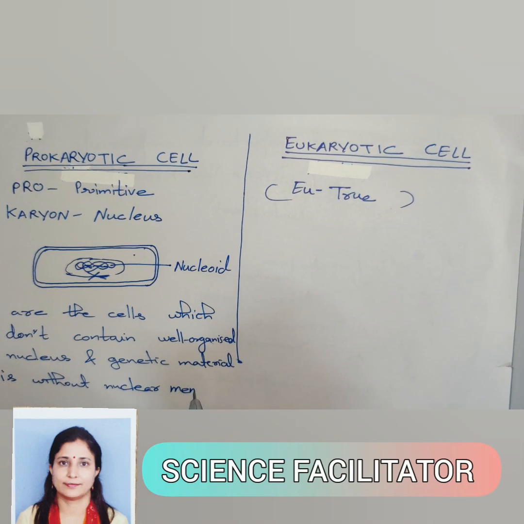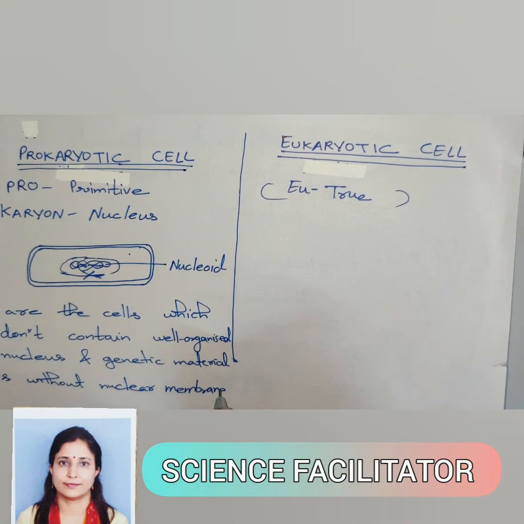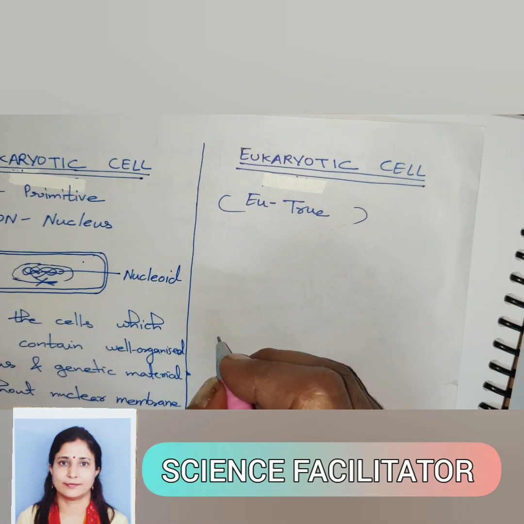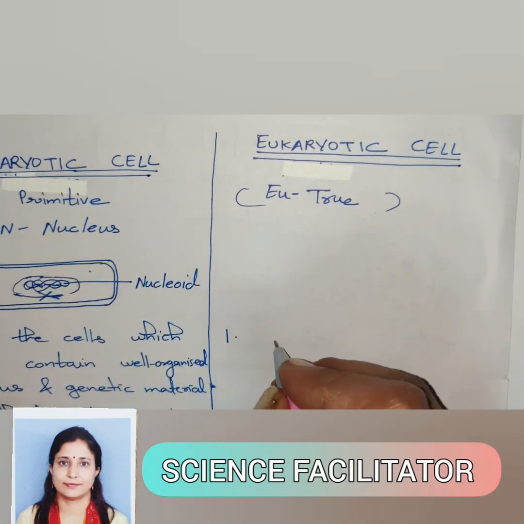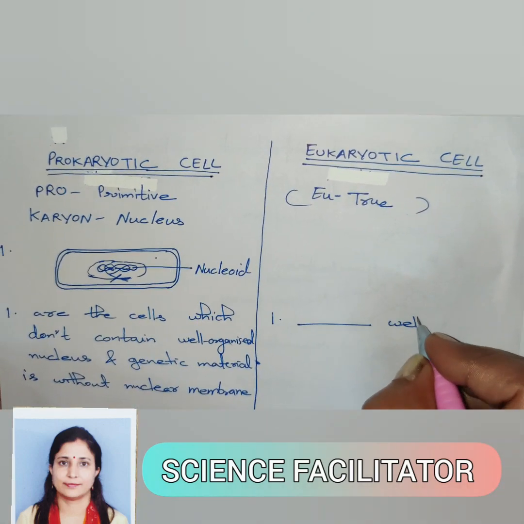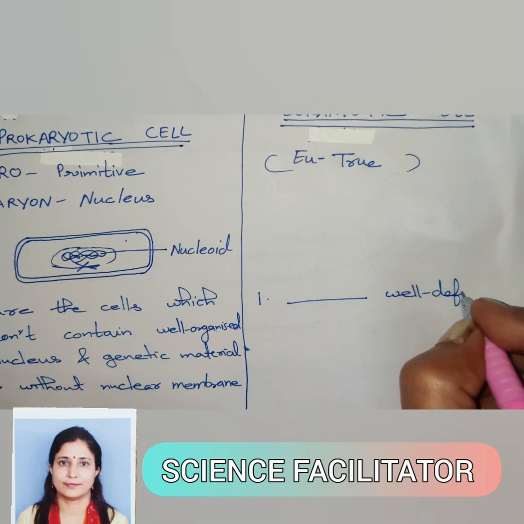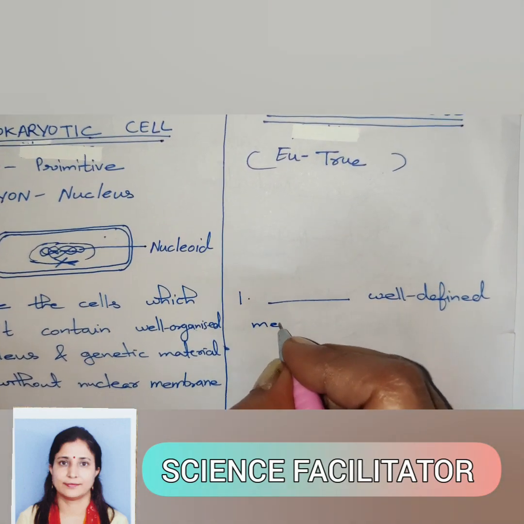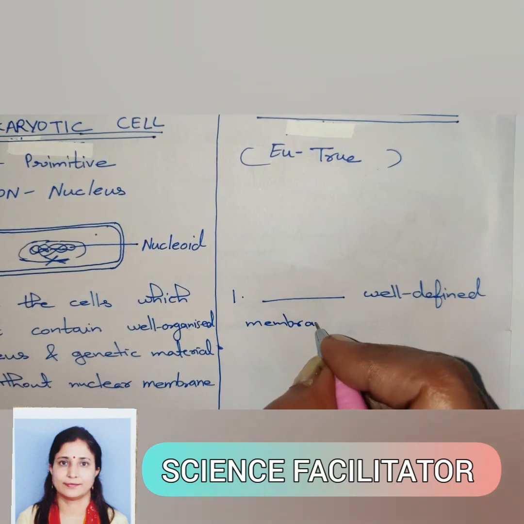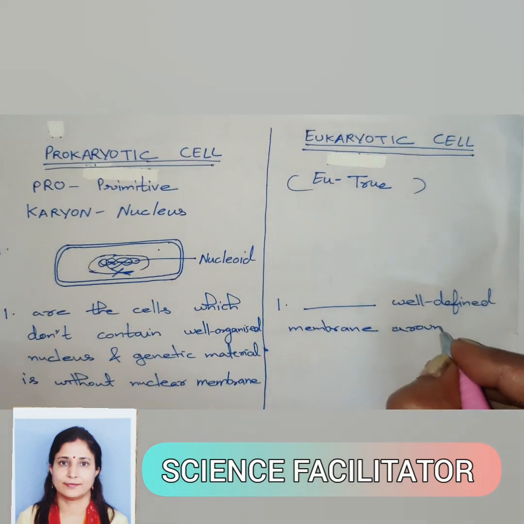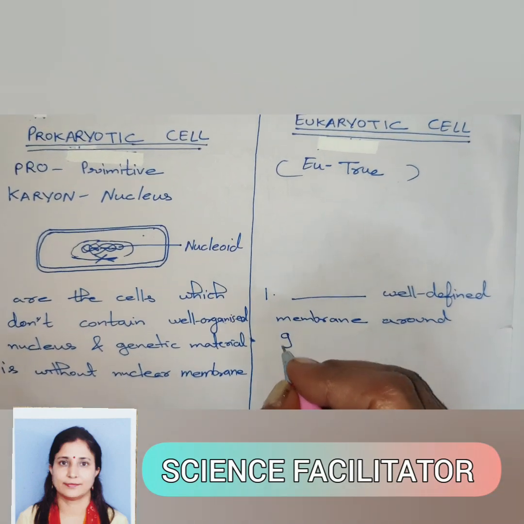Such type of cell, a very important definition, is known as the prokaryotic cell. And what are eukaryotic cells? Eukaryotic cells are those cells which contain a well-defined, well-organized membrane around the genetic material. So a well-developed nucleus is present in eukaryotic cells.